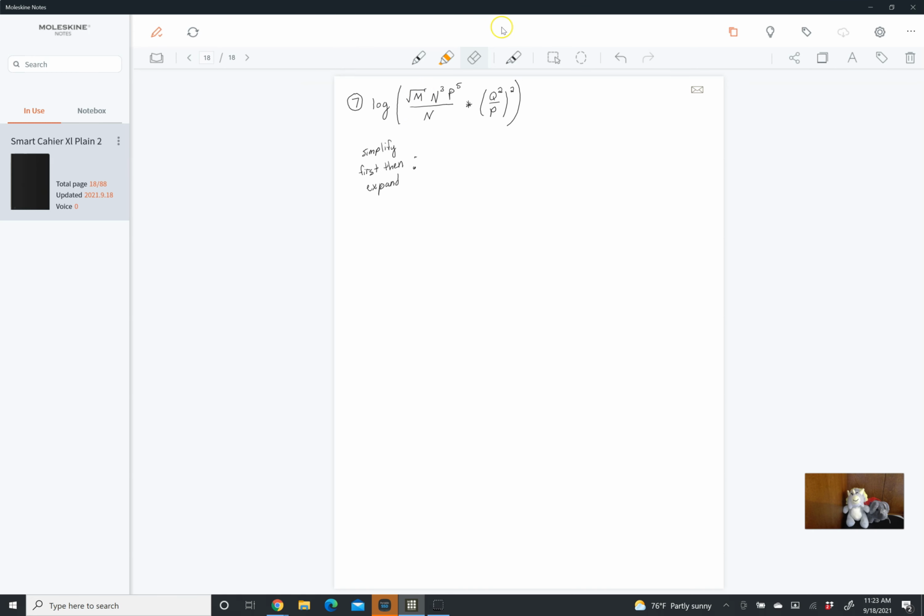So this is going to become log of m to the 1/2, n to the 3rd p to the 5th, and then this q becomes q to the 4th, and we're dividing it by n, and then that p becomes p squared.